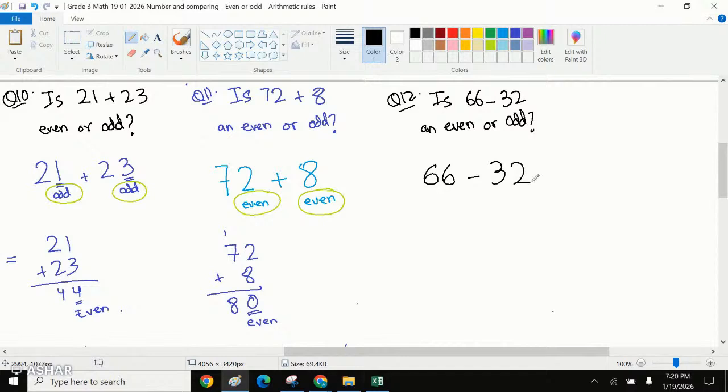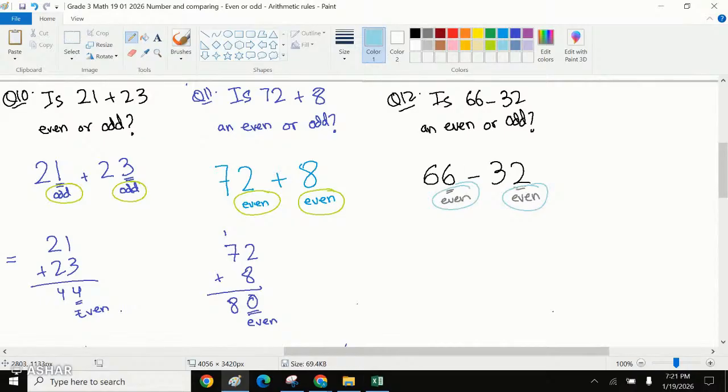Let's see. 66. If we have the numbers, this is even and this is also even, right? Even if we do not solve this, we stop over here. We know that since both the numbers are even, the answer should be even, right?